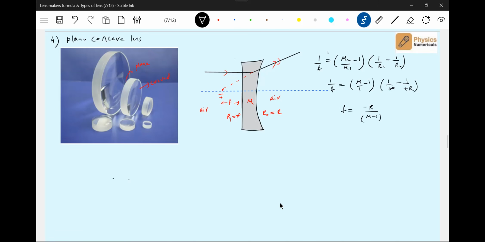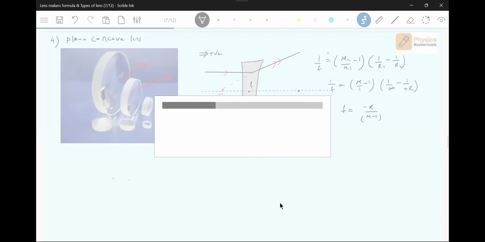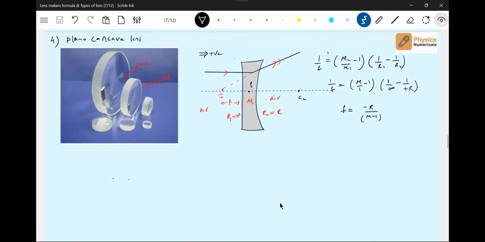It's a diverging lens. Plano-concave: one of the surfaces will have radius of curvature infinity. Why will this be positive? The center of curvature of this will be somewhere here. How do you measure radius of curvature? In the direction of incident ray. Therefore this will be positive.